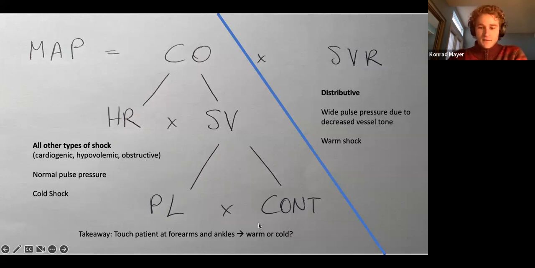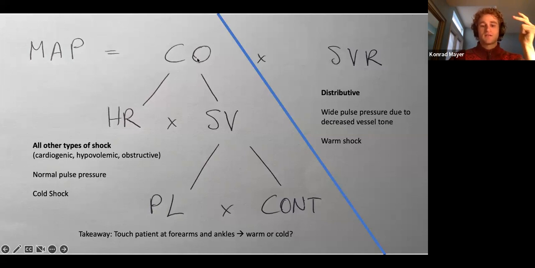So the key difference between these and the clinical relevance of this structure in your head is that we can easily differentiate between somebody who's in distributive shock and somebody who's in a different kind of shock. So in all these kinds of shocks, cardiogenic, hypovolemic, and obstructive, cardiac output is negatively affected.